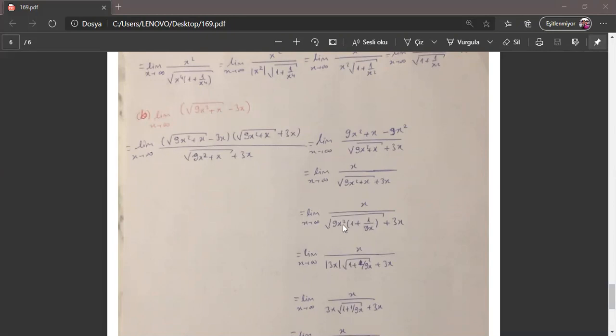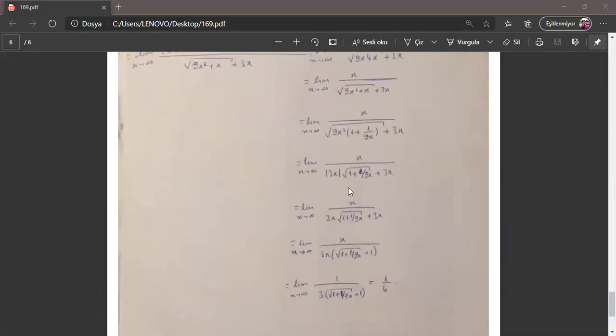So we can write this 9x squared outside of the square root as in this form. Now we see x is approaching infinity, so it's positive, so we write it in this form. Now we write this denominator in the parenthesis of 3x and get this one.